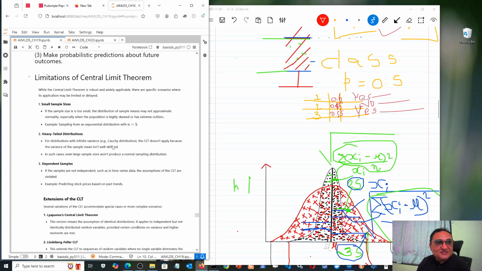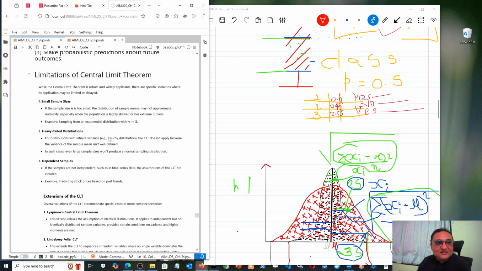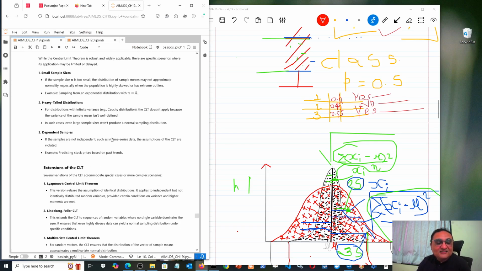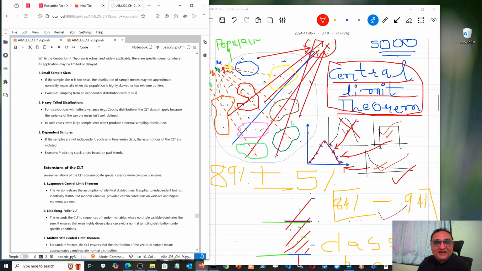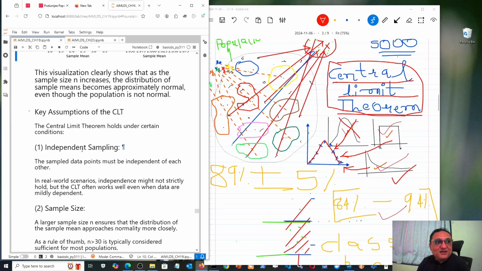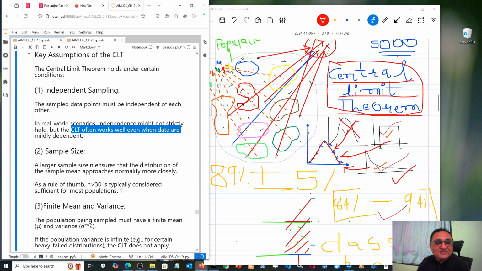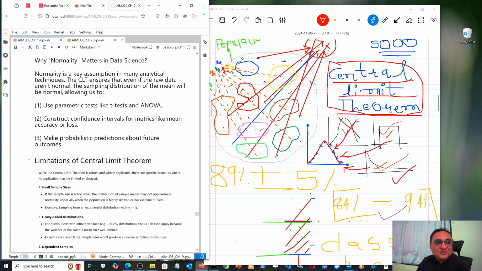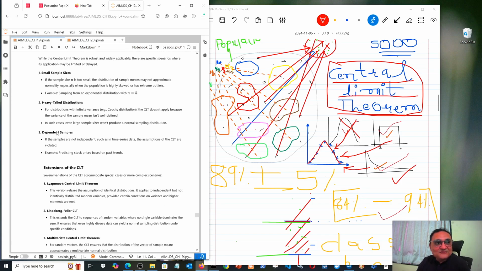For heavy-tailed distributions, for example the Cauchy distribution, the central limit theorem is not applicable, because the assumption that the original population must have some finite mean and some finite variance is not obeyed, right? And for dependent samples, as I said, if they are mildly dependent, we will use the central limit theorem. But if there is heavy interdependence between data points in the sample, then you will not be able to use the central limit theorem.